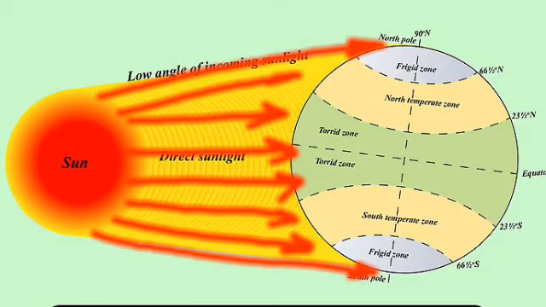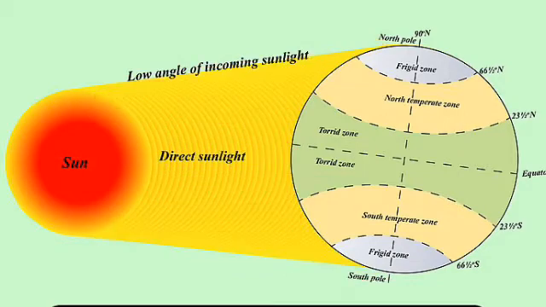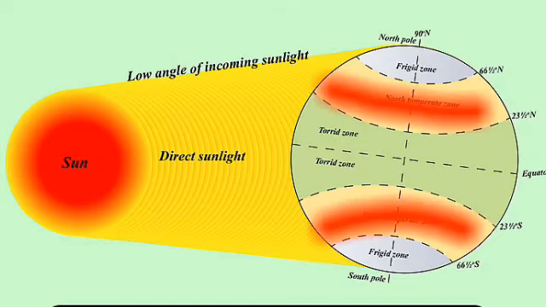The part between the Tropic of Cancer and the Arctic Circle and the part between the Tropic of Capricorn and the Antarctic Circle get a little less heat as compared to the tropical, equatorial region. This is why there will be medium range temperature in these areas between the Tropic of Cancer and the Arctic Circle, and the Tropic of Capricorn and the Antarctic Circle.